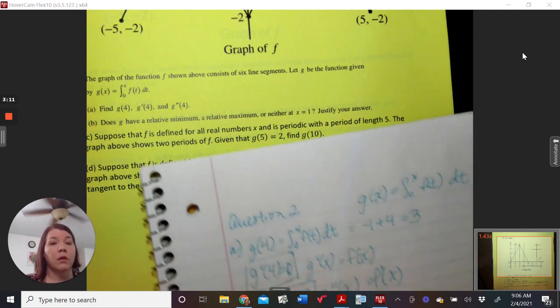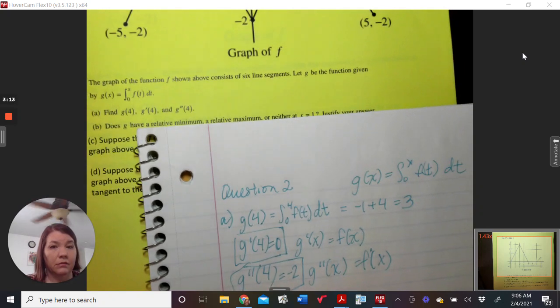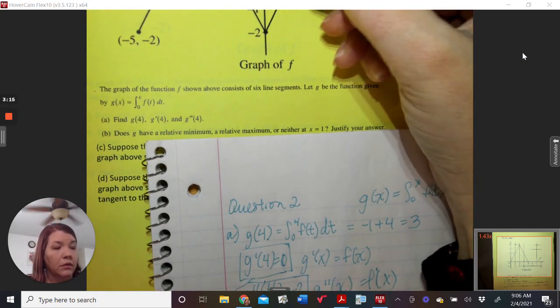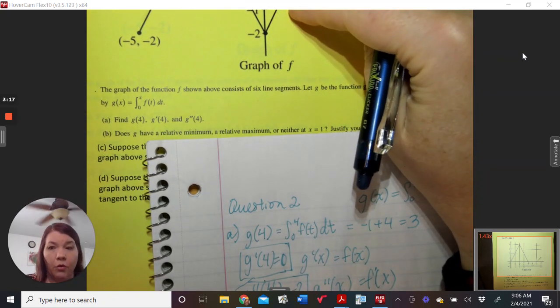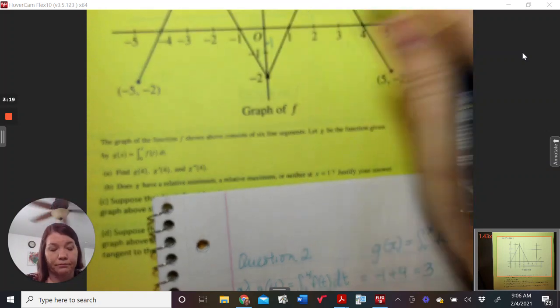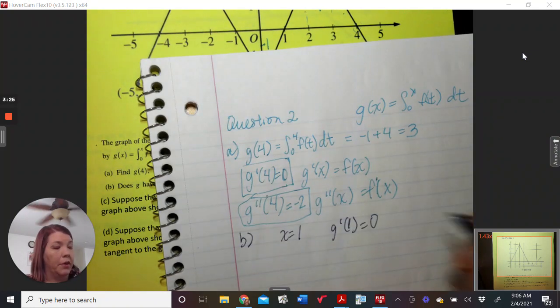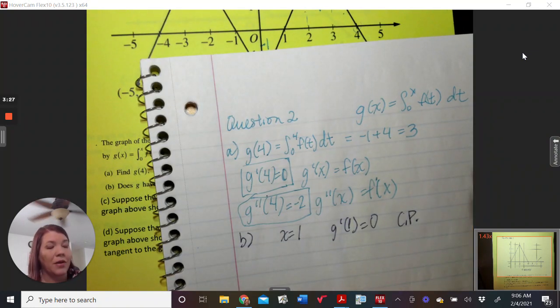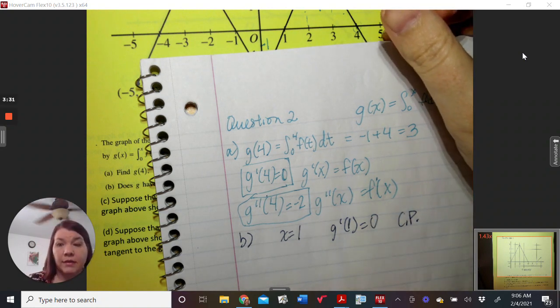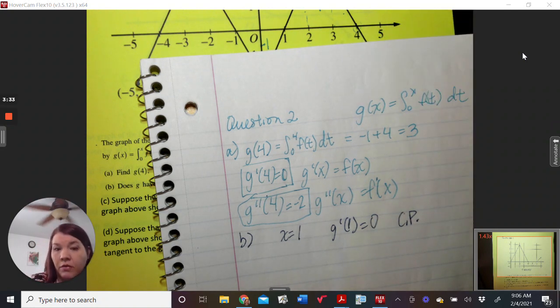So why would they ask us that? Well, at 1, g prime is equal to 0. So we know that g prime of 1 equals 0, which means it's a critical point. And so they're asking me, is it a max, a min, or neither? It depends on what happens with the value of the function.